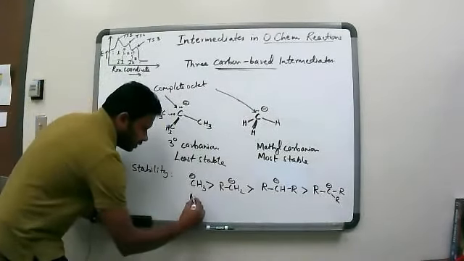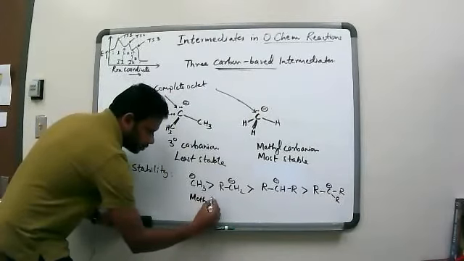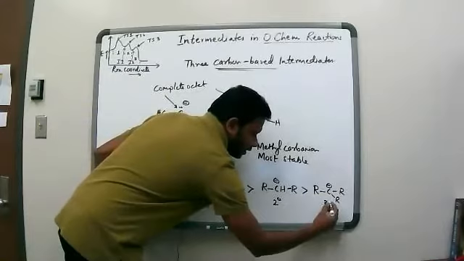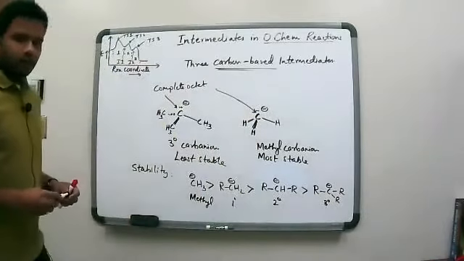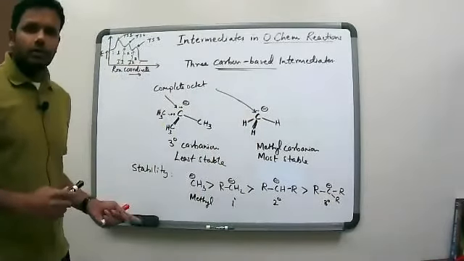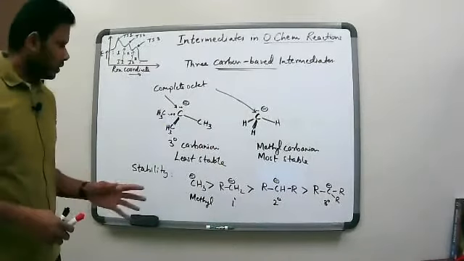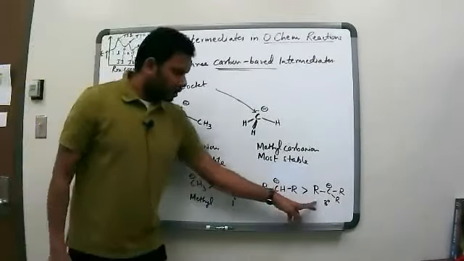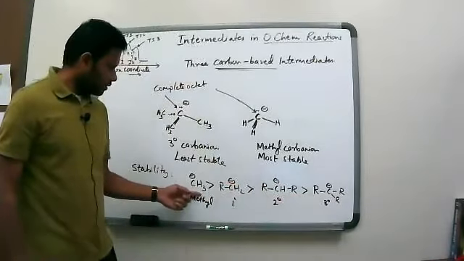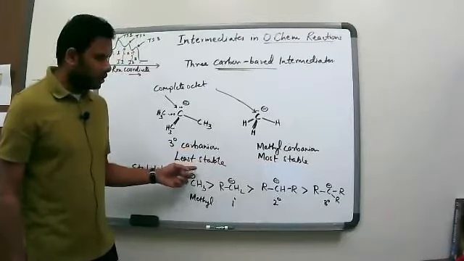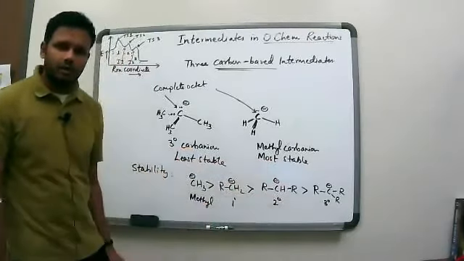Okay, so this is methyl, this is the most stable, this is primary, this is secondary, and tertiary. So this is opposite to what we saw in the case of carbocations and radicals. So more groups make it less stable. So methyl is the most stable, and the tertiary carbanion is the least stable among these.